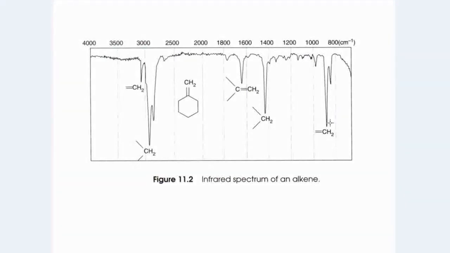This peak here is, as we indicated, the HCH bending peak. Its value is, I estimate, I want to say 880, a little bit below 900. So remember that value.